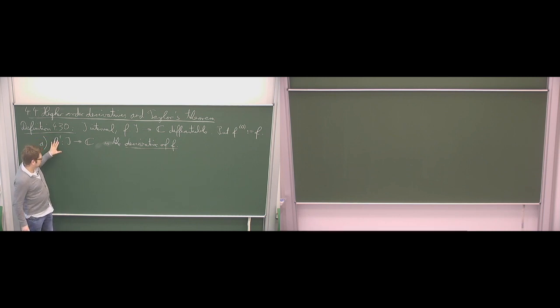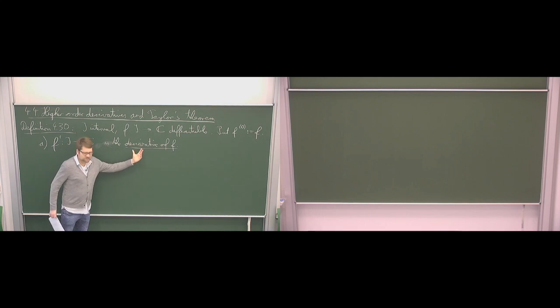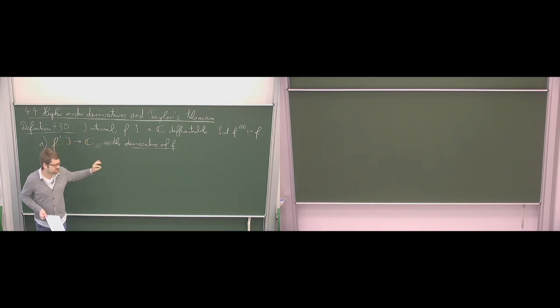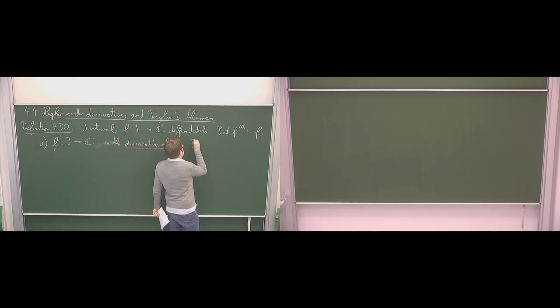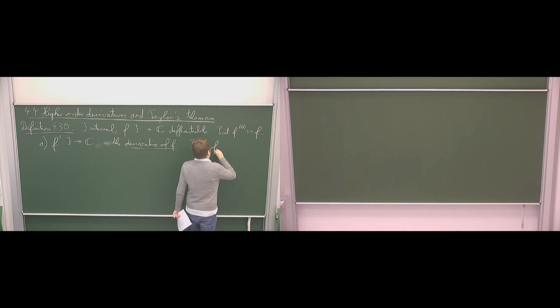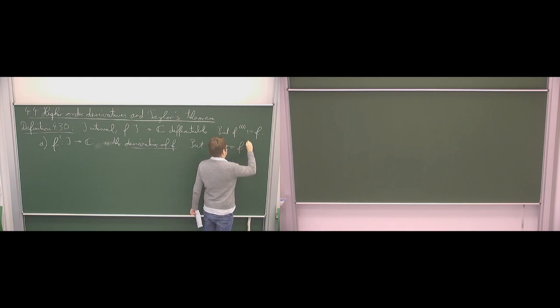Here I'm now introducing this as a function, which really associates to each point the derivative at that point, and this is simply called the derivative, and not at a particular point. Very strictly speaking, I haven't introduced this yet, so this is why I'm including this in this definition. And we include the notation f with the exponent 1 in parentheses. This is simply supposed to be f prime.